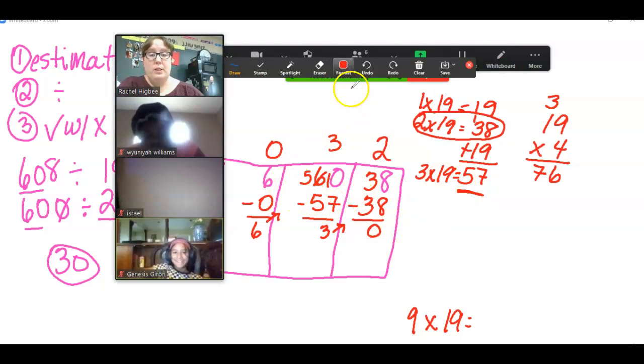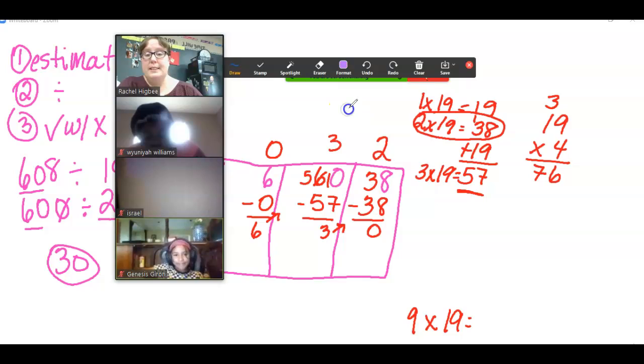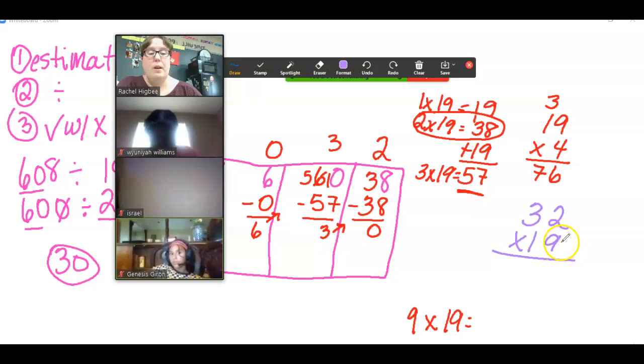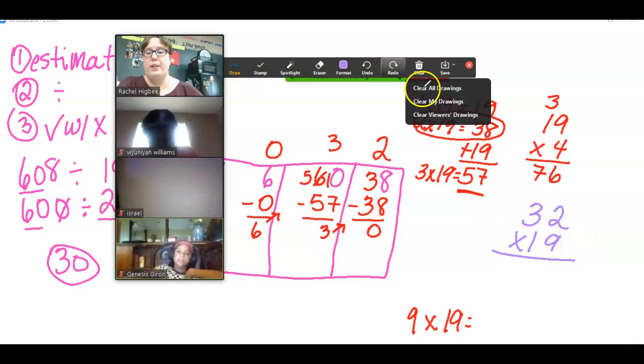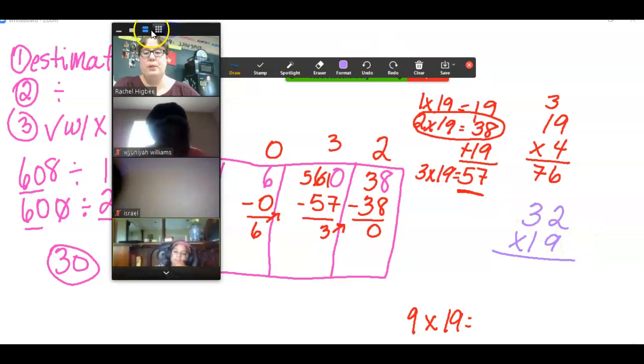So now I want to do that last step, which is to check with multiplication. So I'm going to do 32 times 19. Help me out. I want everybody off mute for this so I can hear your answers.